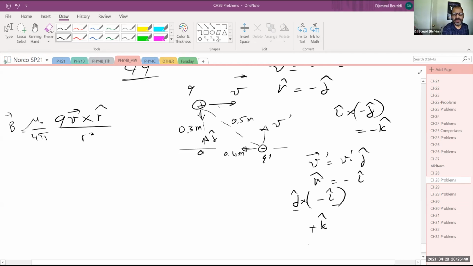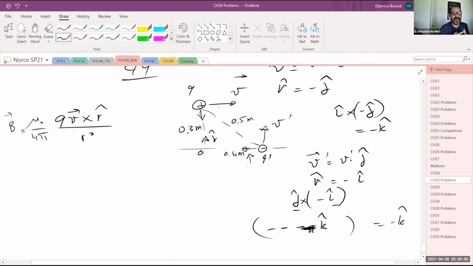Times a negative becomes a positive, times another negative coming from the charge, because this charge is negative. So it's going to be a negative times negative times negative. So at the end it is going to be a negative k hat. There are 3 negatives. One of them is coming from the direction of this r hat.